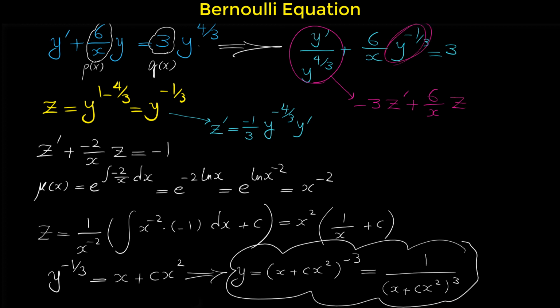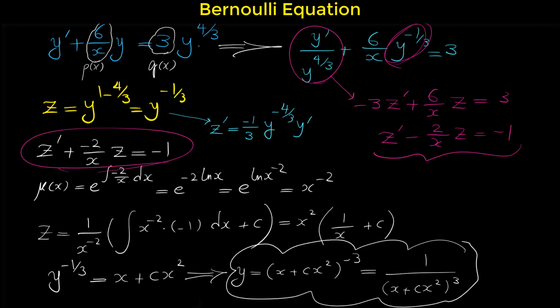Note that y to the -1/3 is exactly z, the substitution, equals 3. Now if we divide both sides of this by -3, we have z prime minus 2/x z equals -1. Compare this with this equation. As you can see, they are the same.